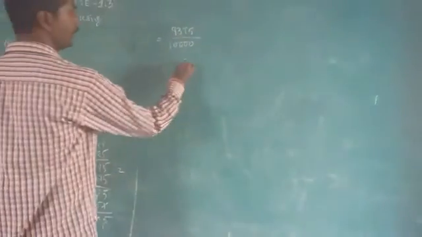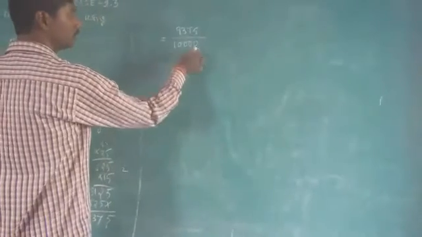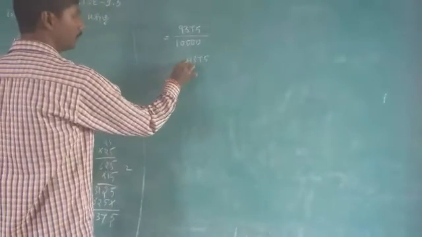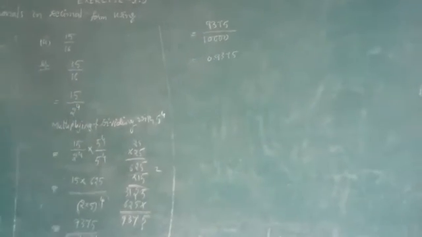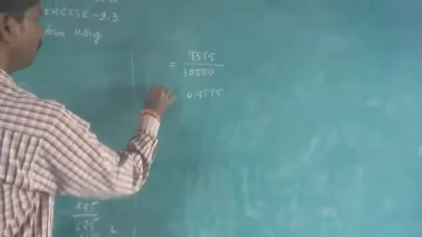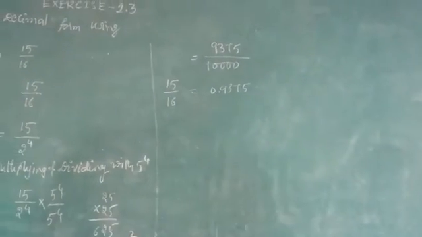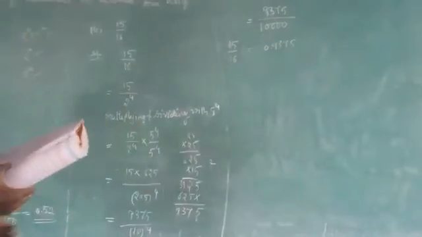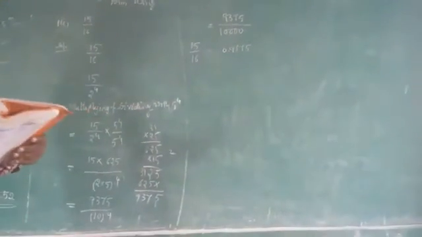Let's count the digits: 4 zeros are there, 1, 2, 3, 4, so put the point. Now in decimal form, 15 by 16 is equal to 0.9375. So like that, do the remaining problems as homework.